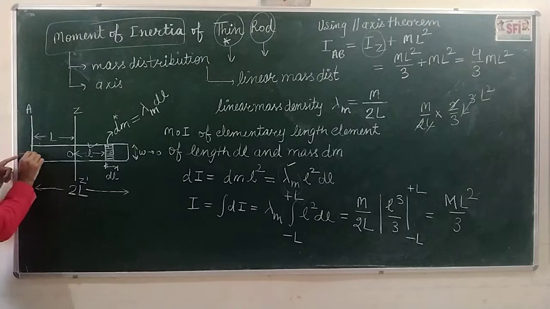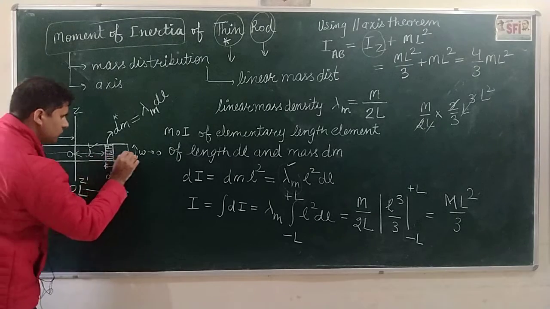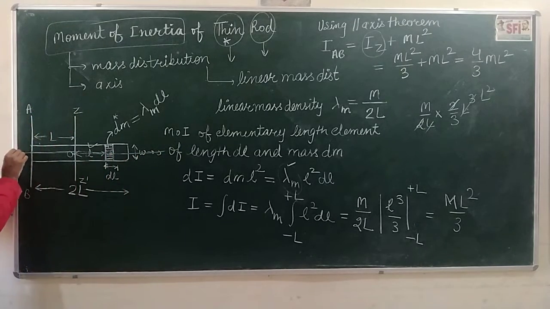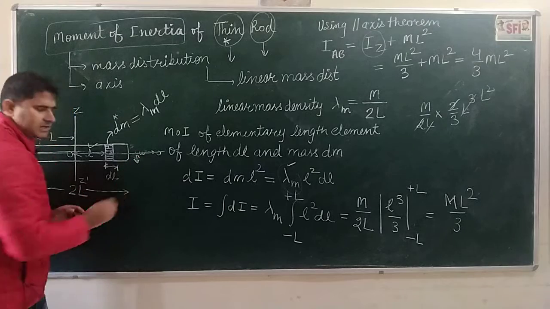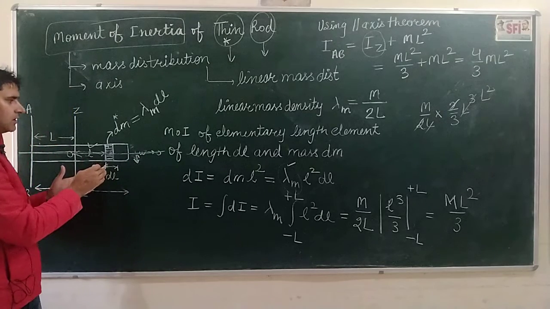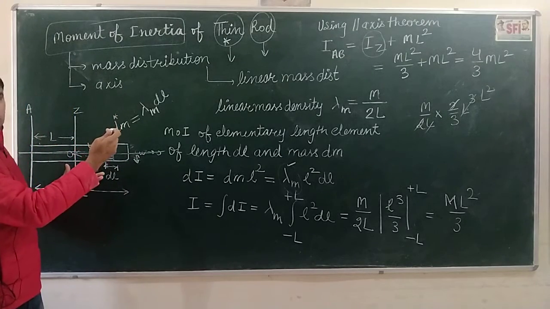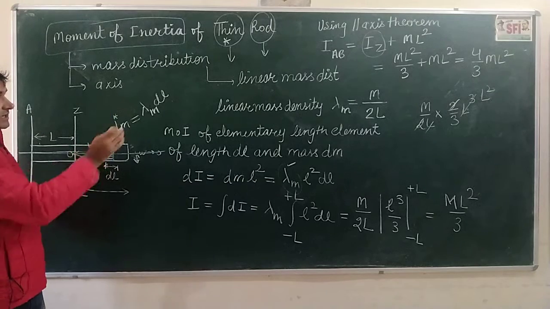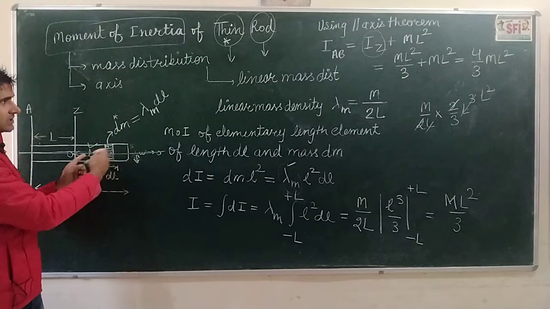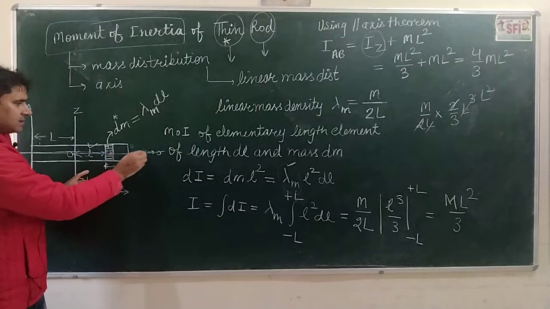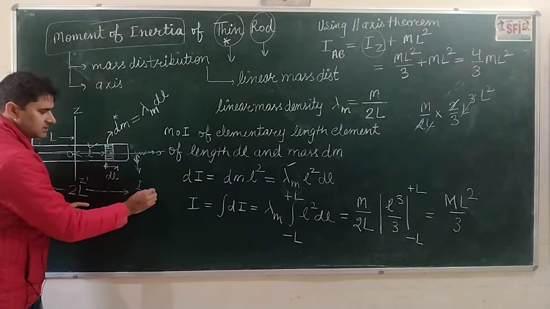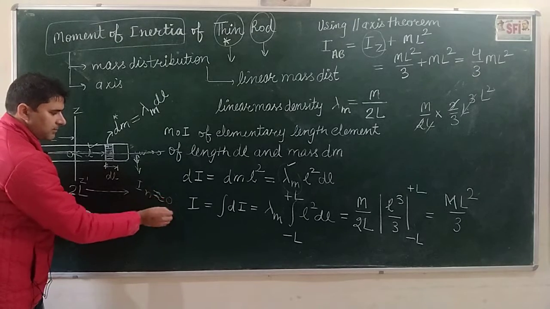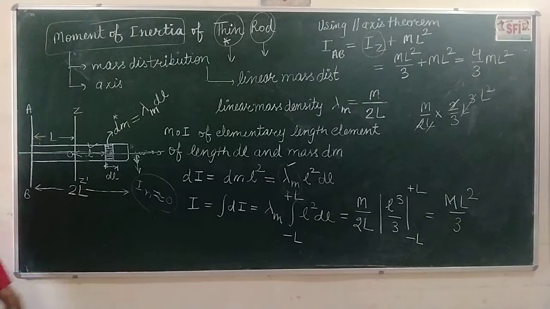Because if you take any axis which is along the length and passing through the center of mass, in that case this distance will be negligible. So the moment of inertia of such a rod which is infinitely thin, because we have taken the linear mass distribution, about this axis will be negligible, approximately equal to 0.